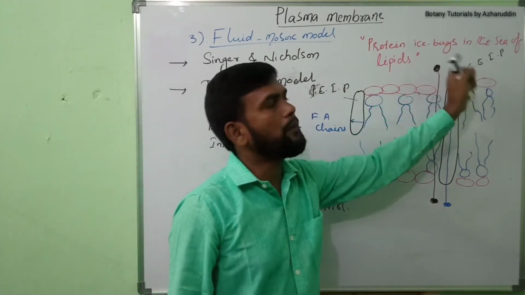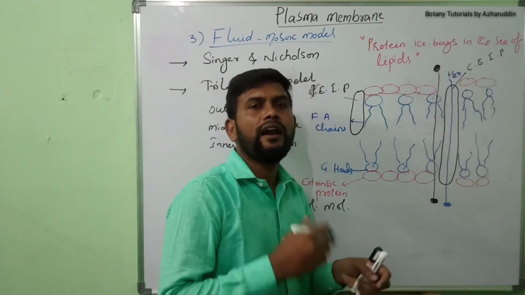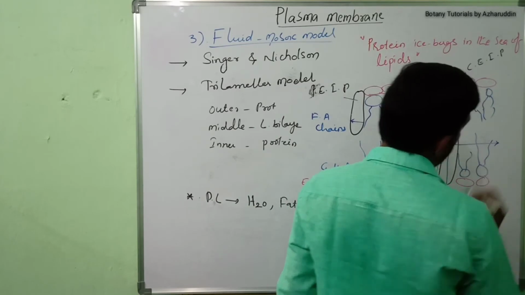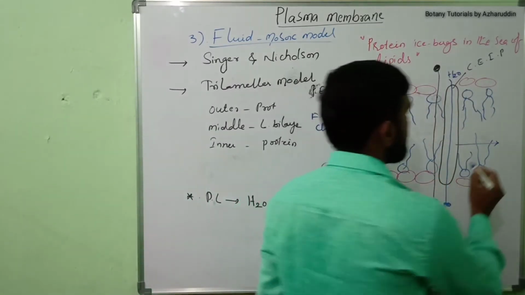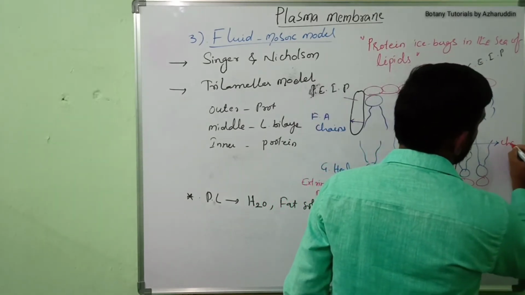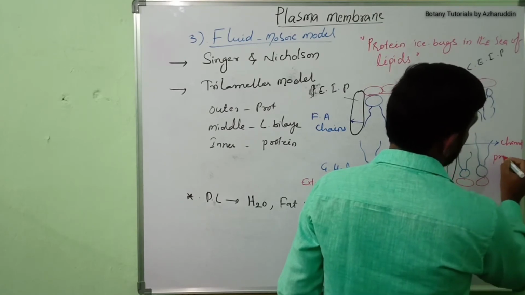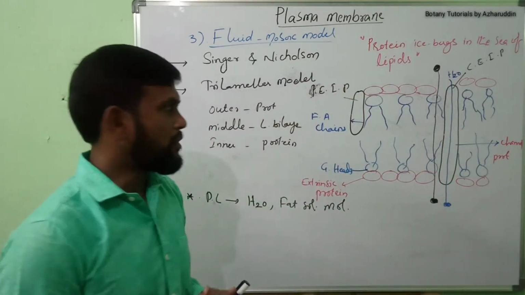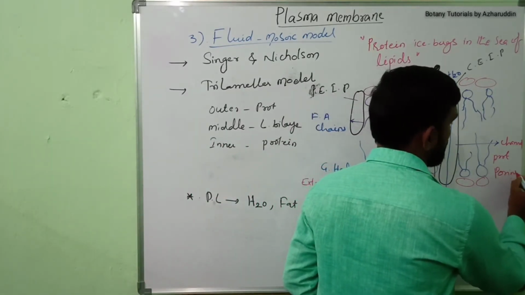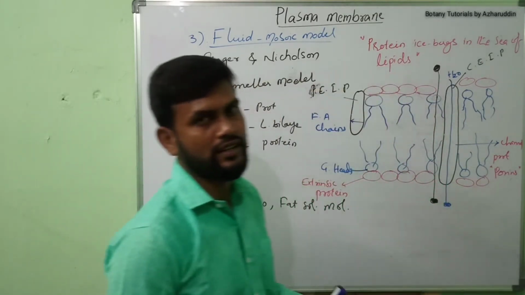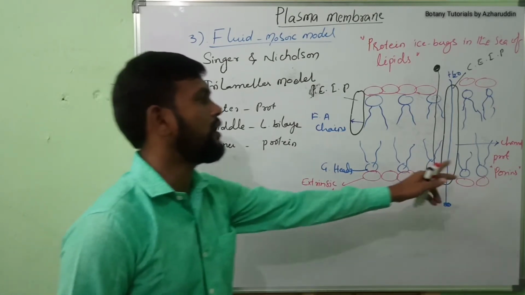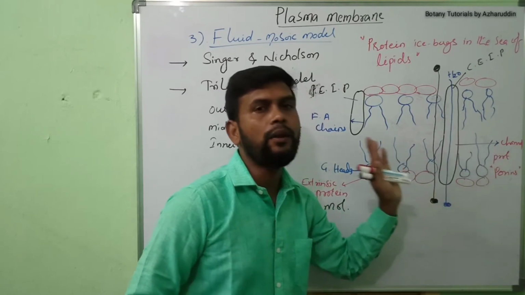This completely embedded intrinsic protein helps in the transport of water. That's why this protein is also called a channel protein. Sometimes they are also called porins. They help in the transportation of water across the plasma membrane.